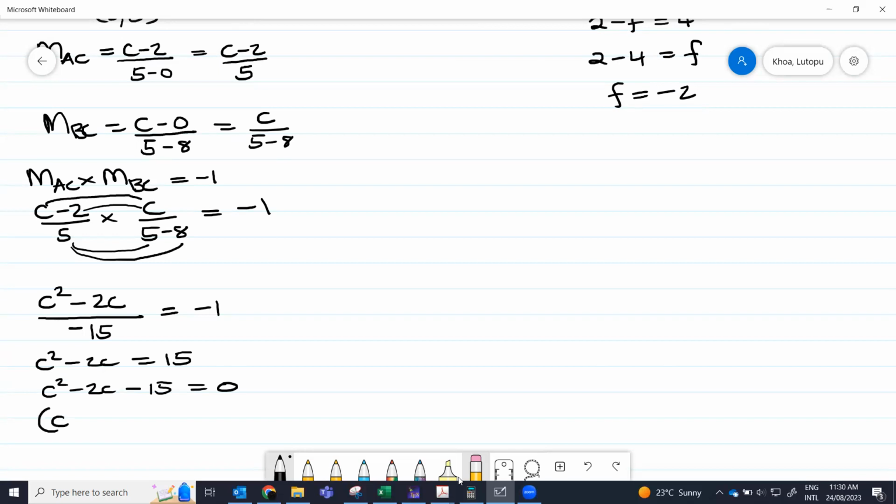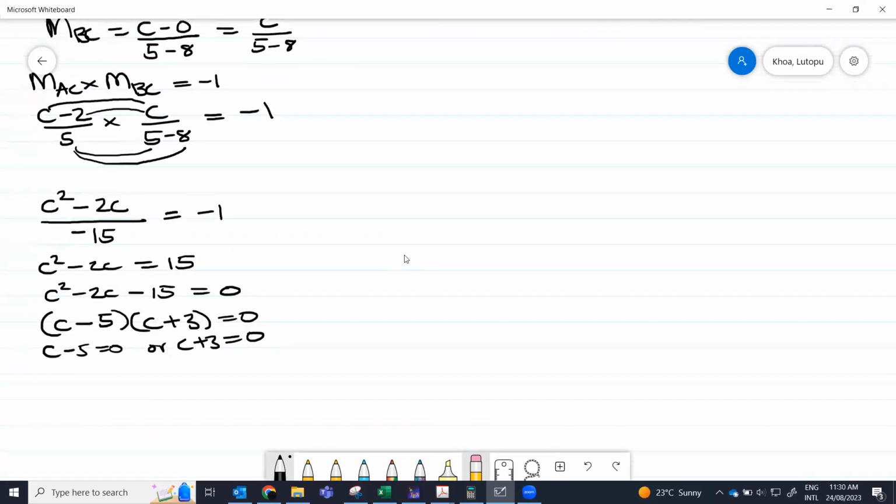So when we factorize, we have (c minus 5)(c plus 3) equal to 0. So c minus 5 is 0, or c plus 3 is 0. This means c is 5, or c is minus 3. So those are the two possible values of c.